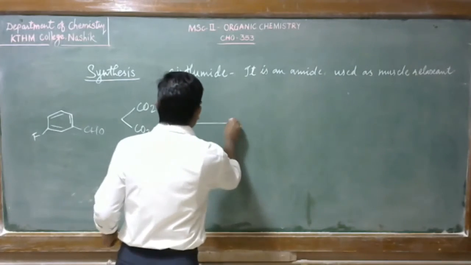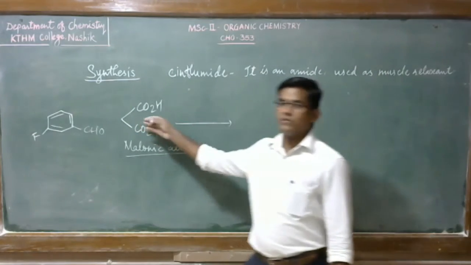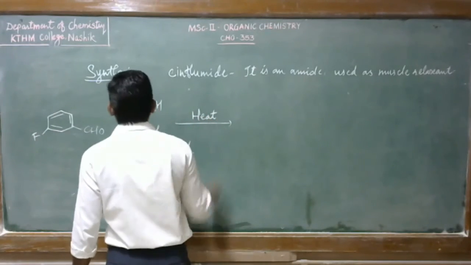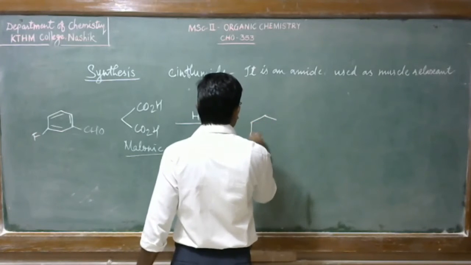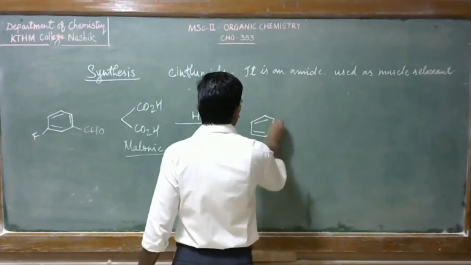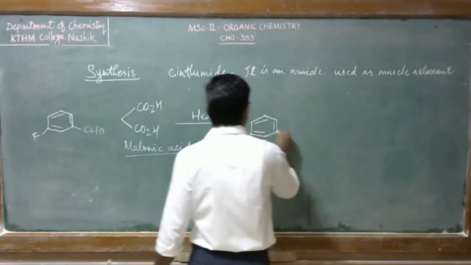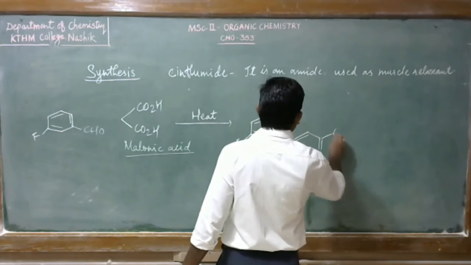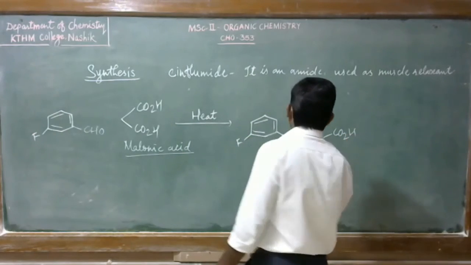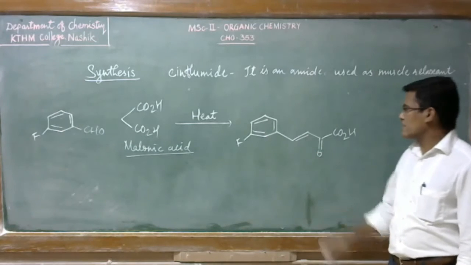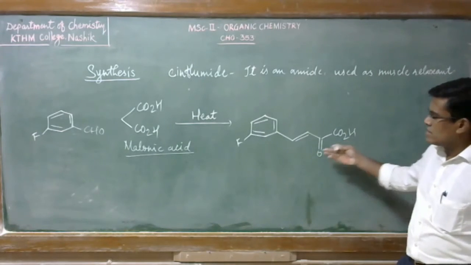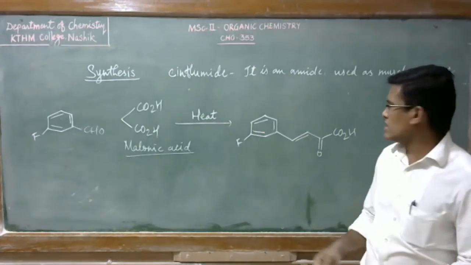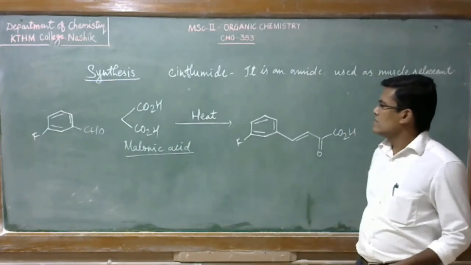The treatment of this aldehyde with malonic acid under heating conditions gives this alpha beta unsaturated acid. In this case one acid group will go, so decarboxylation will occur in this reaction.